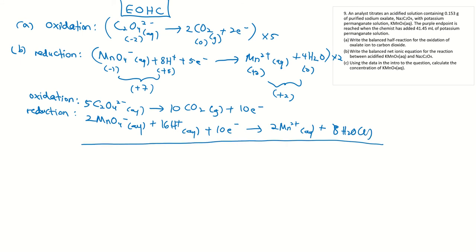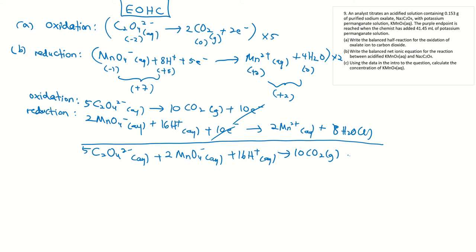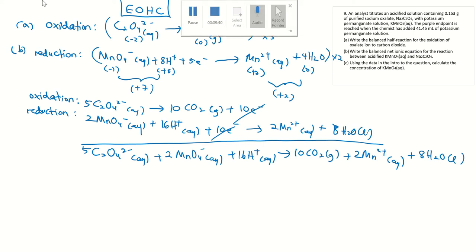Now just cancel the electrons. Your balanced net overall equation will be 5 oxalate ions react with 2 moles of permanganate ion plus 16 moles of H+ to produce 10 moles of CO2 gas plus 2 moles of Mn2+ ion plus 8 moles of water. So you got this answer.